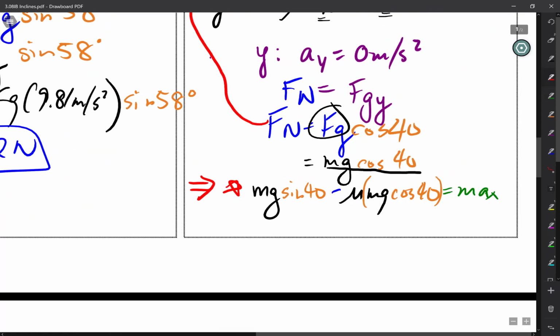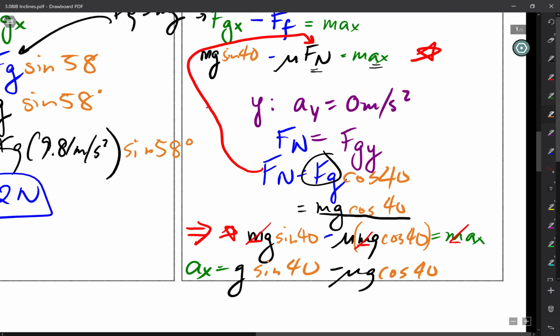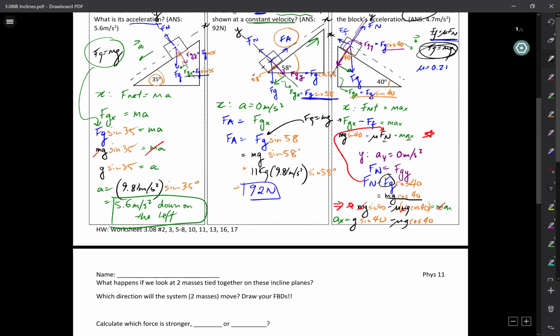Ooh, look at this. My mass, I have one here, I have one here, and I have one here. If I divide the whole equation by mass, I can get rid of all the masses. Hey, that's pretty good. Because we are now left with ax is equal to gravity times sine 40 minus mu times gravity times cosine 40.